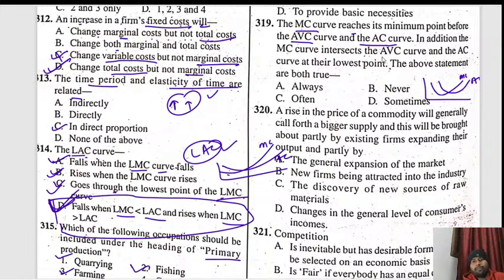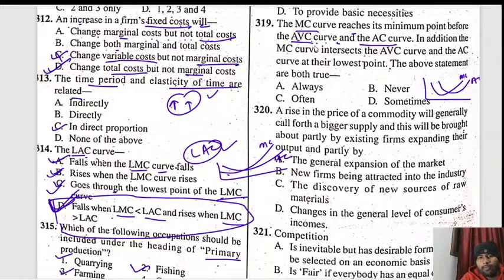So the marginal cost curve reaches its minimum point before the average variable cost curve and the average cost curve, obviously, because the average variable or average cost curve remains upward. If the marginal cost is upward, then the average cost will not be falling anymore.